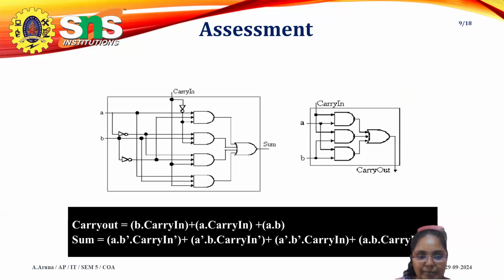In your exam question paper, they may ask this type of question. They give a certain circuit and ask you for the expression of sum and the expression of carry. These are the basic introduction we definitely need for performing addition and subtraction operations.